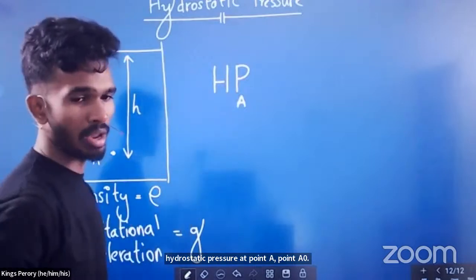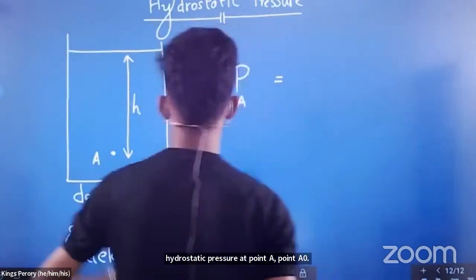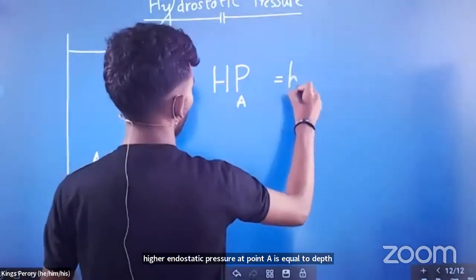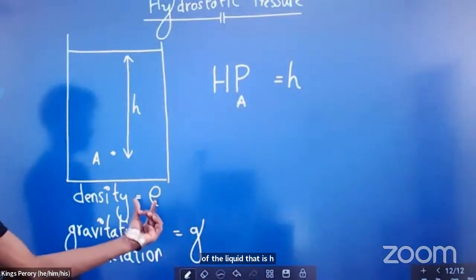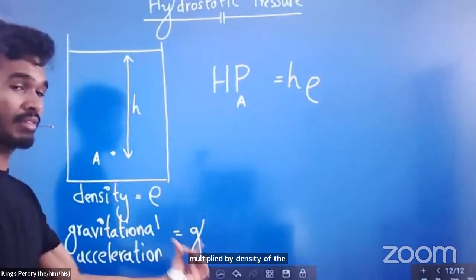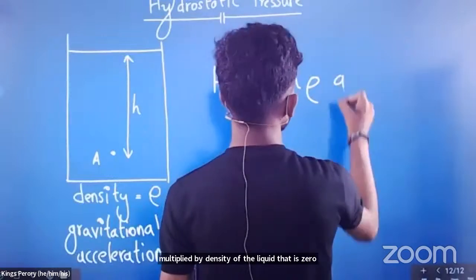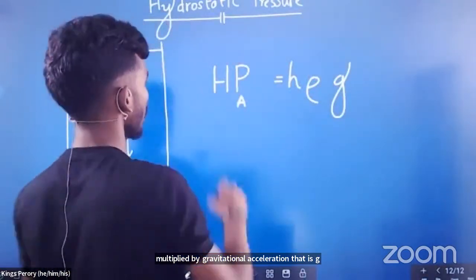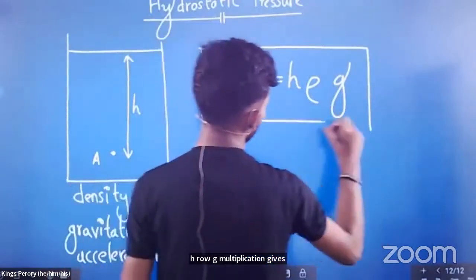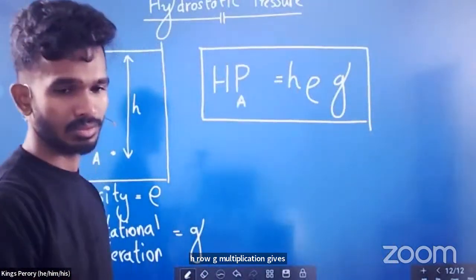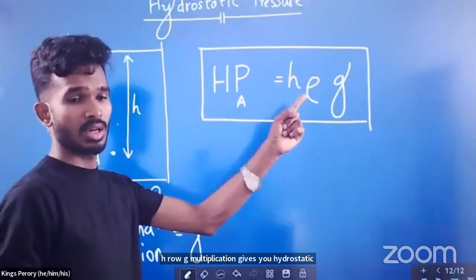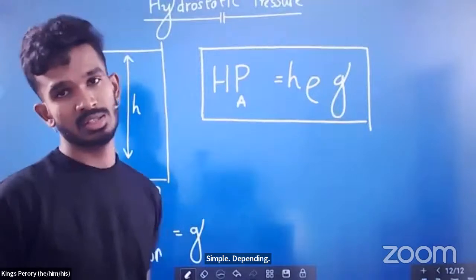Hydrostatic pressure at point A is equal to the depth of the liquid, that is h, multiplied by the density of the liquid, that is rho, multiplied by gravitational acceleration, that is g. h rho g multiplication gives you hydrostatic pressure. Simple. Depth into density of the fluid into gravitational acceleration.